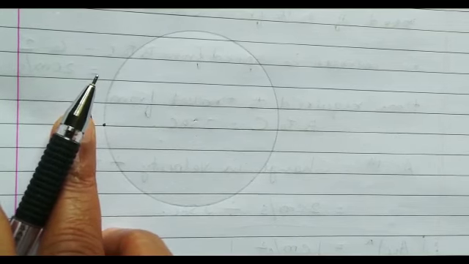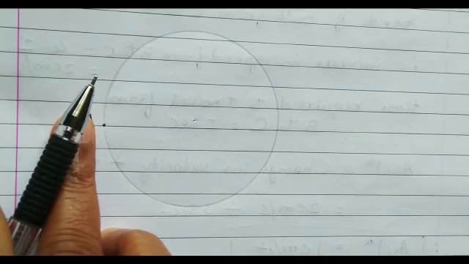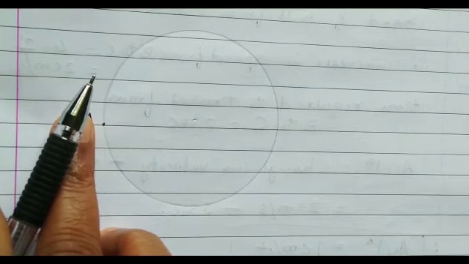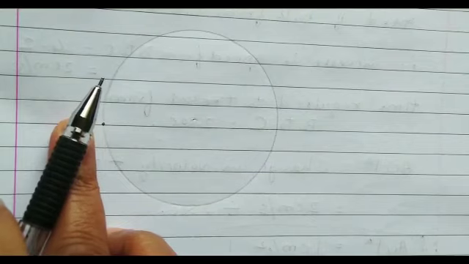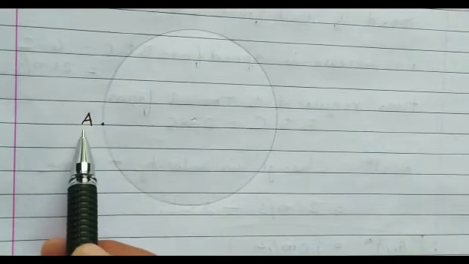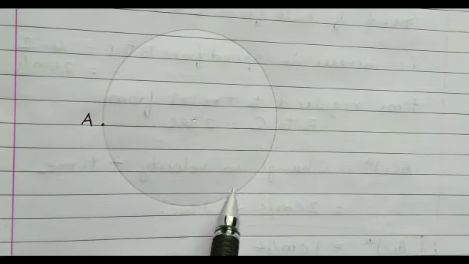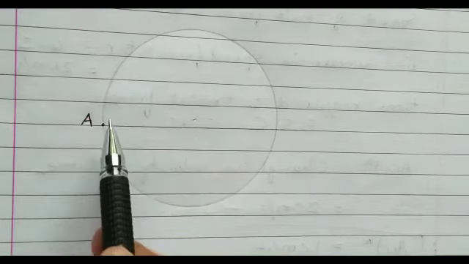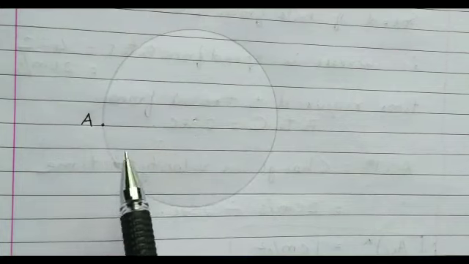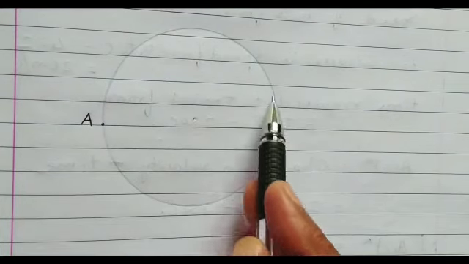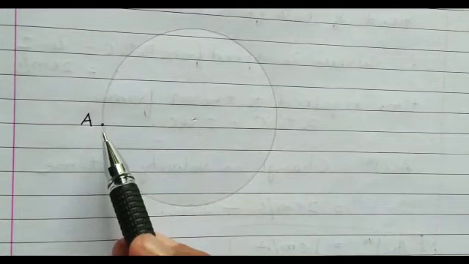Now what is meant by a perch? Perch is an object where the bird sits or rests. Now let us say that point A is the initial position of the bird and it is going in a circle. So what will be the distance travelled by the bird? Yes, the distance travelled by the bird will be equal to the circumference of this circle.